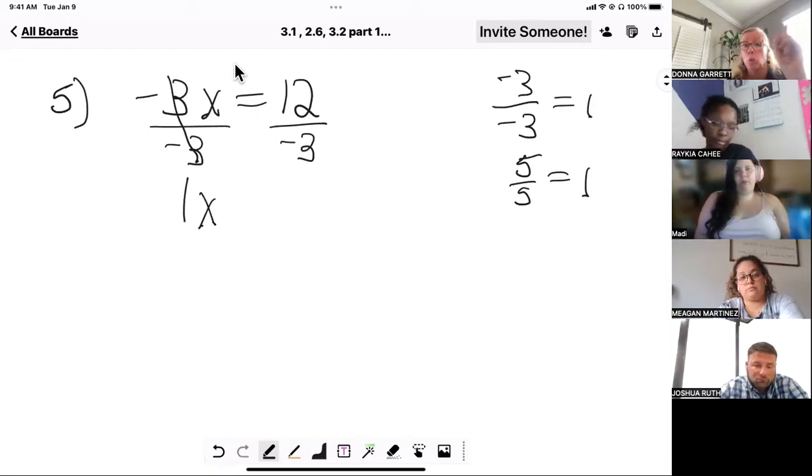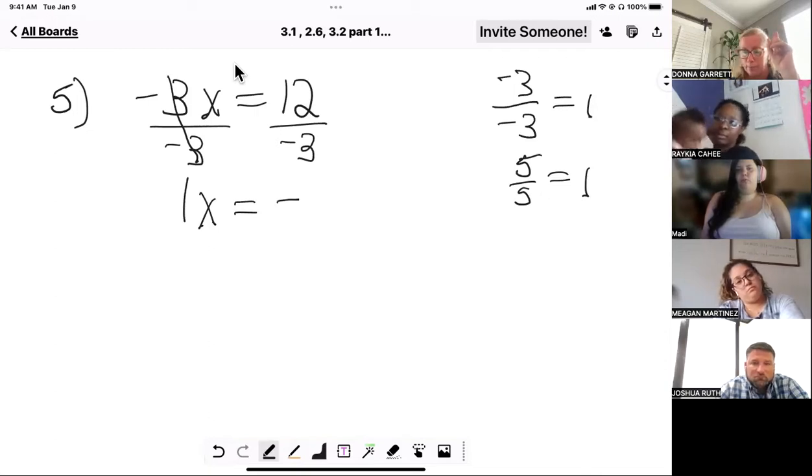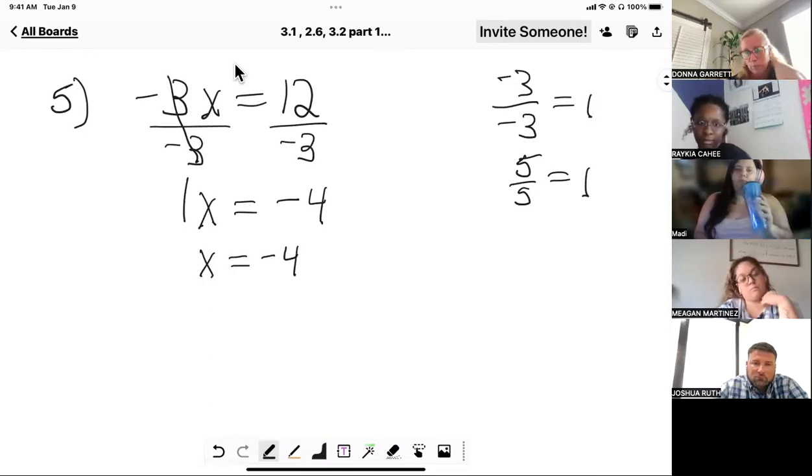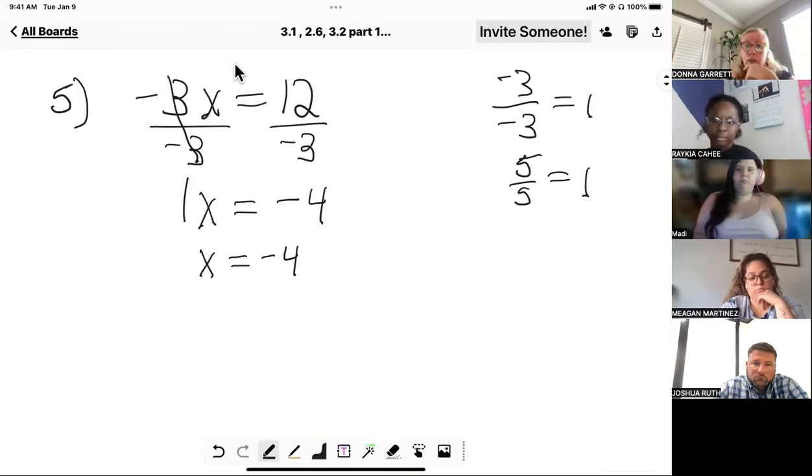Negative 3 divided by negative 3 is 1. So 1x is equal to 12 divided by negative 3. Well, it has to be a negative. Negative wins when you divide. 12 divided by 3 is 4. So at the end, we're going to write x is equal to negative 4. We don't need the 1. You can leave it if you want, as long as you know that means you solved for x. x is equal to negative 4.